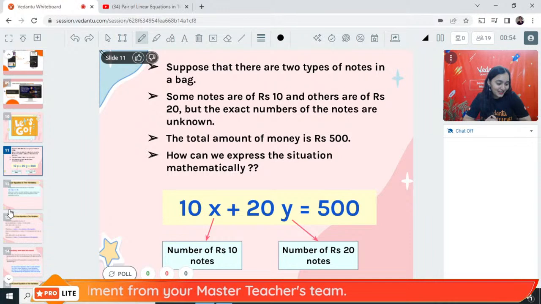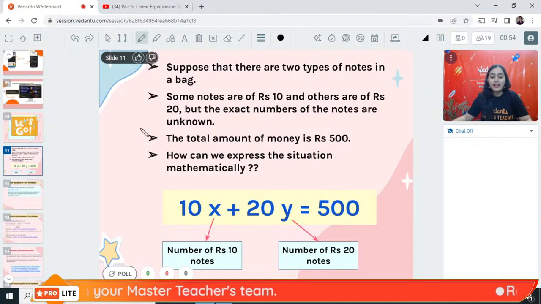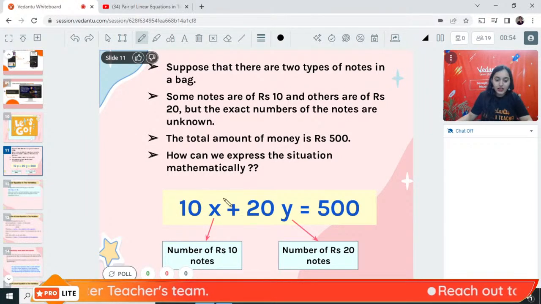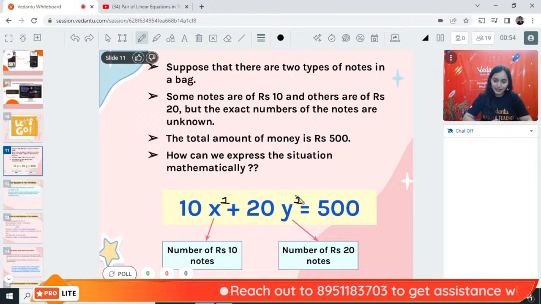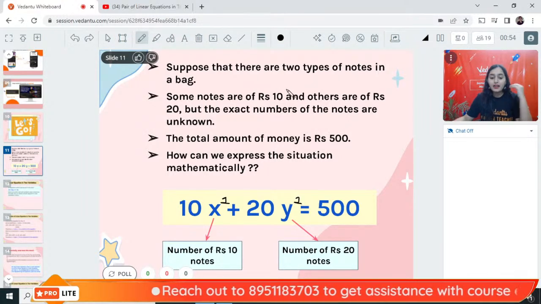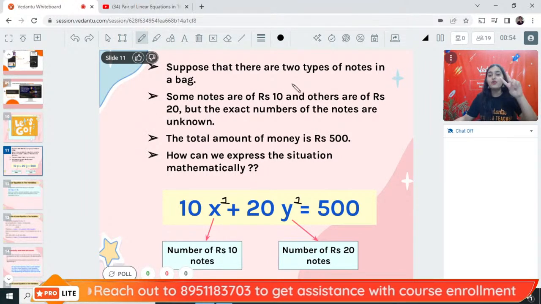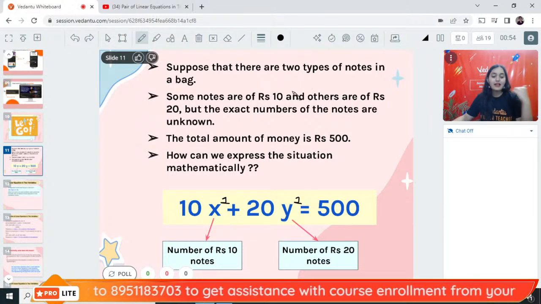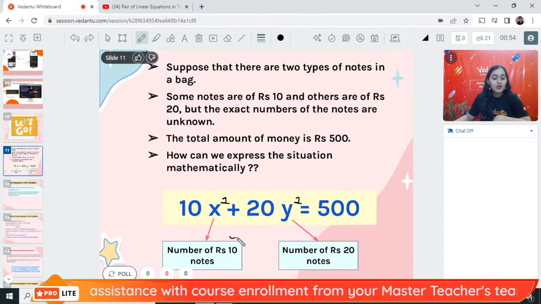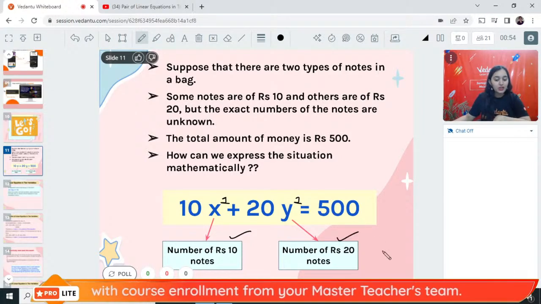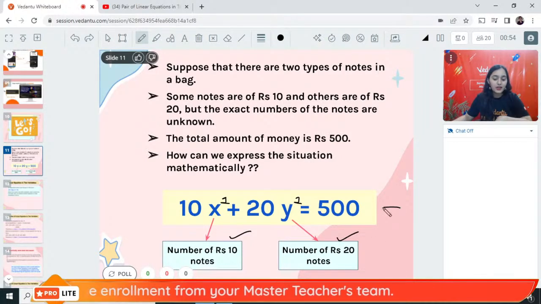Hi, Nitesh. Yes, a linear equation is an equation in which the power of the variable is only 1. Not more than that, not less than that, right? Now talking about linear equations in two variables. Suppose in real life we have a situation where we want to represent the number of 10 rupee notes and the number of 20 rupee notes, and their total value is 500.